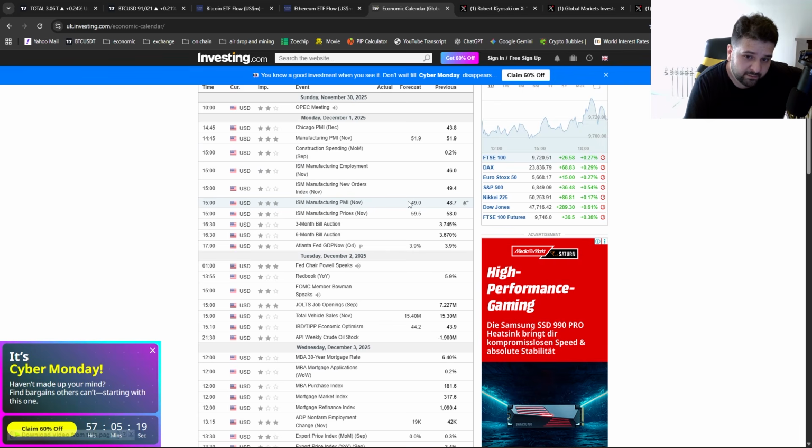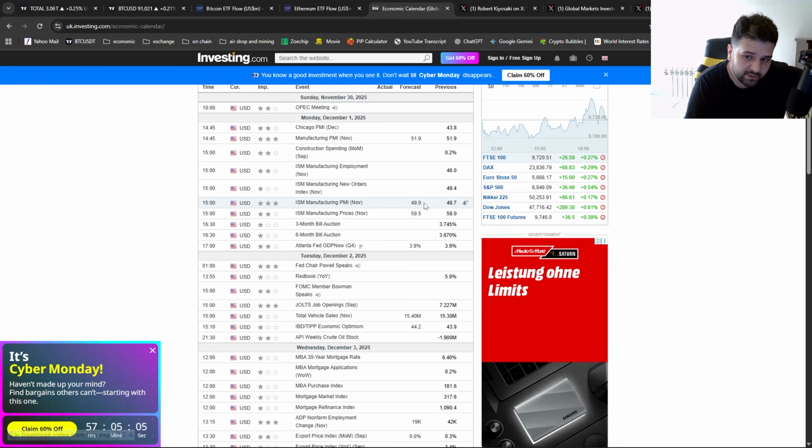And on Monday, on top of that, we have the ISM manufacturing PMI. The previous one was 48.7, and people forecast that it will increase to 49. But overall we are under the 50 level, which means we are in a slight recession.